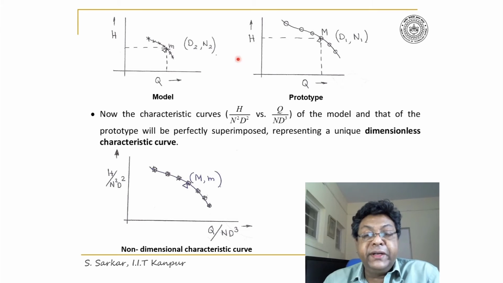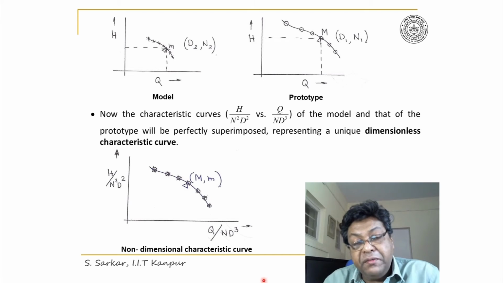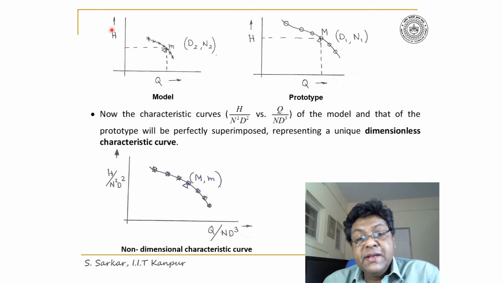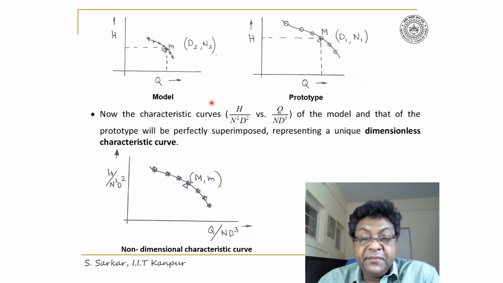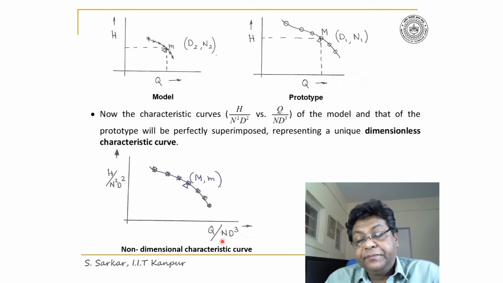This is the representation of dynamic similarity. And further, the utility of this non-dimensional curve is, suppose if I develop the model and test the model and produce result in xi phi form, that is non-dimensional form, then that non-dimensional characteristics would also be valid for the prototype.